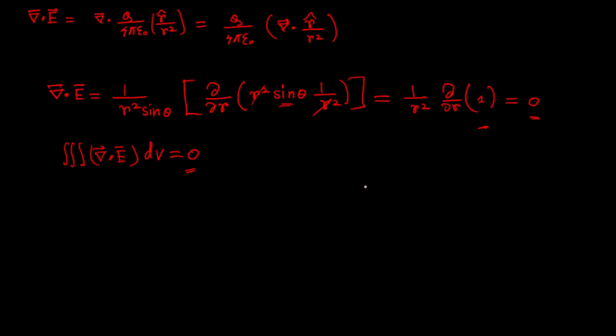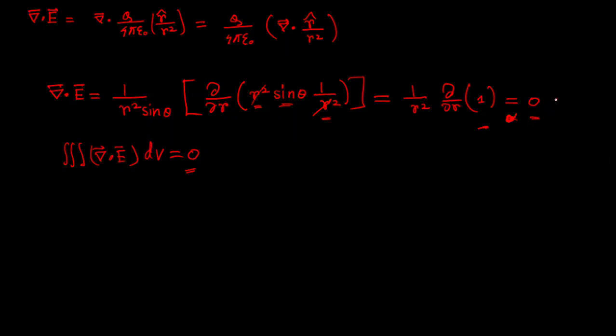But at r equals to 0, we cannot cancel out this r and r. We cancel out this r only when r is not equal to 0. So at r equals to 0, this will not be 0, and this definition is not valid for r equals to 0.